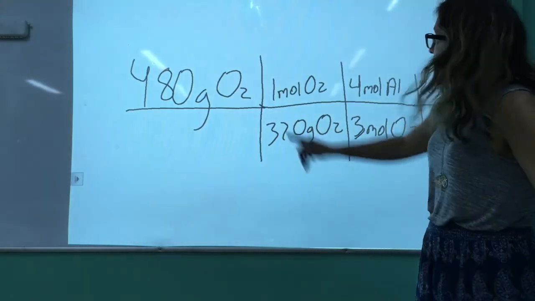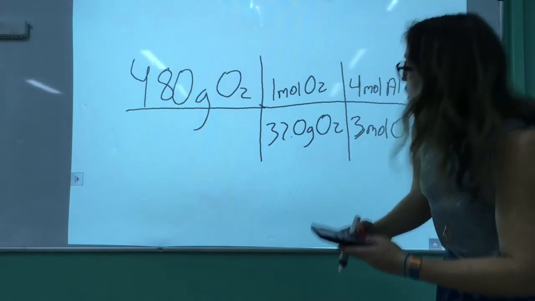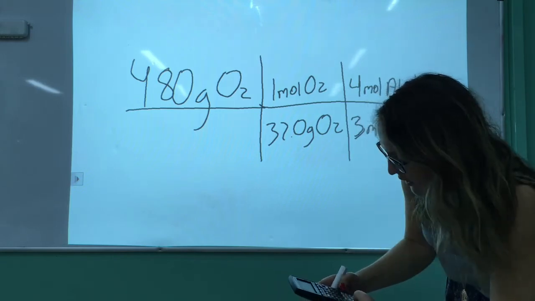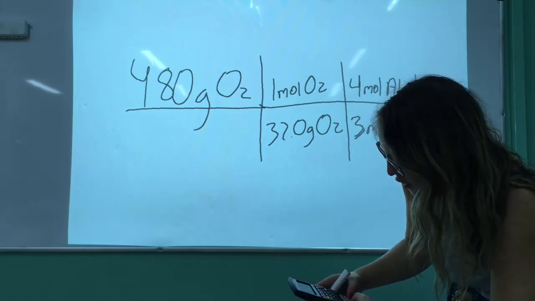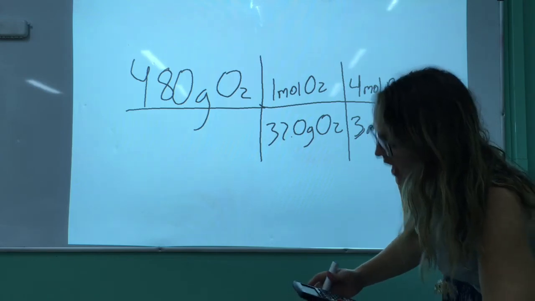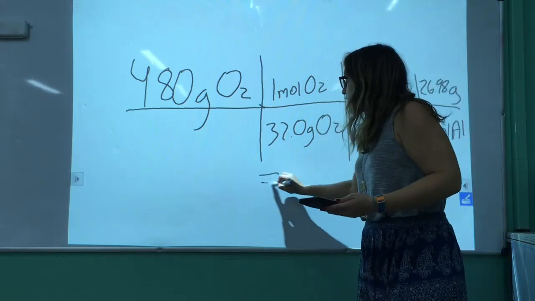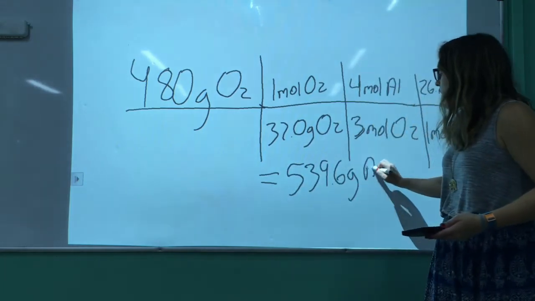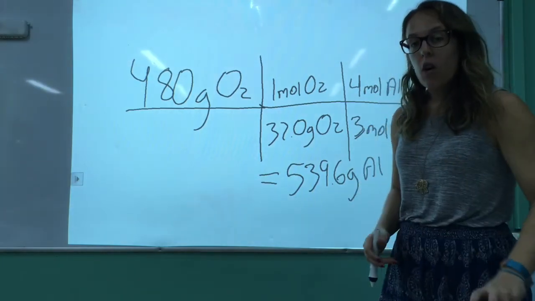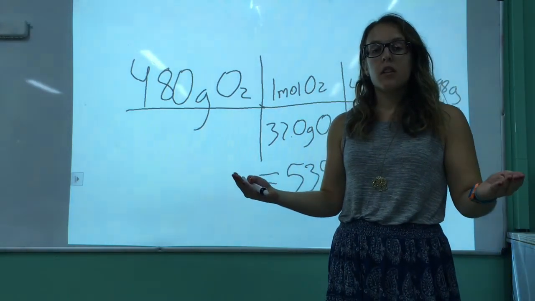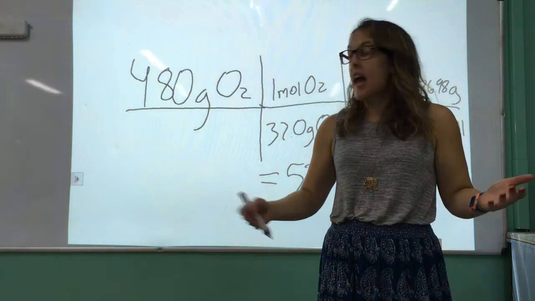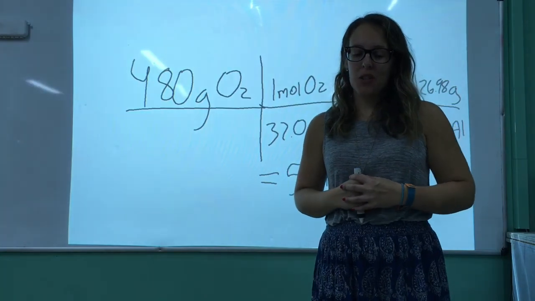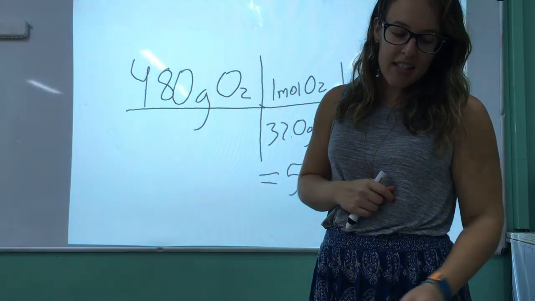That then, if we multiply the top out, 480 times 4 times 26.98 divided by 32 times 3, gives us 539.6 grams of aluminum. So we have now gone from moles to moles, from grams to moles, and from grams to grams. So you should now be able to do this on your own, and that is section 1.